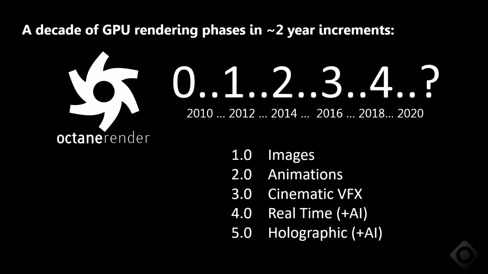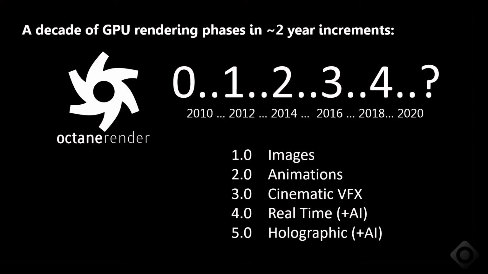Every 2 years we've had a major release, and Octane 1.0 was mostly targeting stills and architectural rendering. Version 2, which came out in 2014, added motion blur, and you could do animations. By version 3, which was released in 2016, we had production-ready cinematic GPU rendering. And all of those shows and cinematic effects I showed earlier were done with Octane 3.